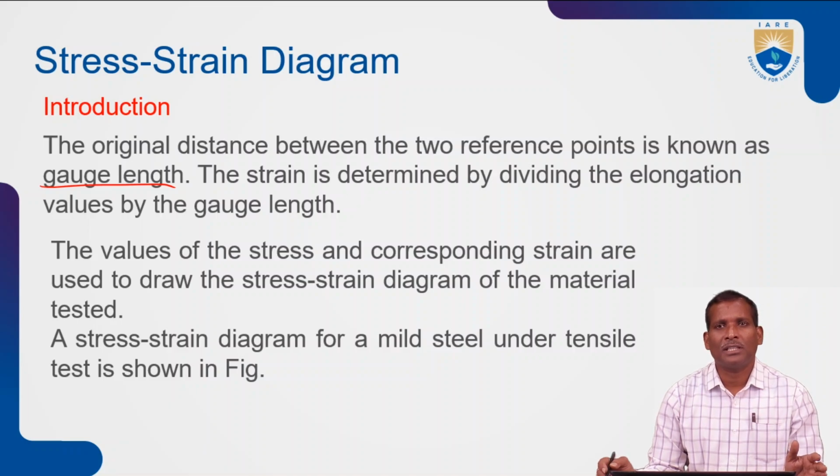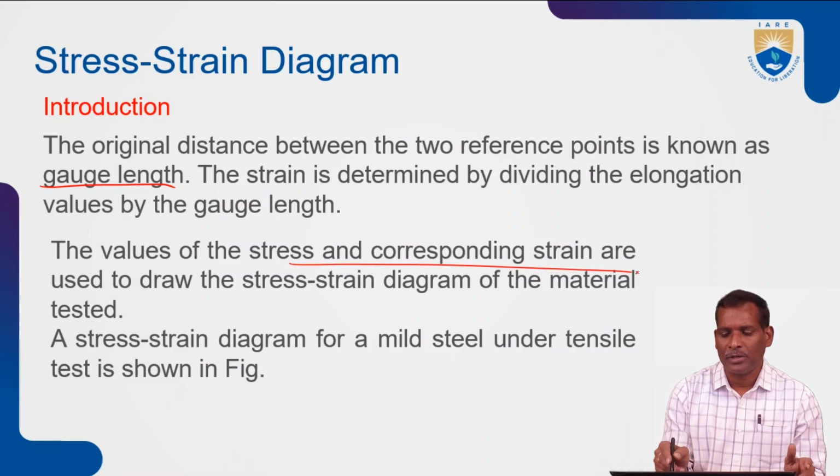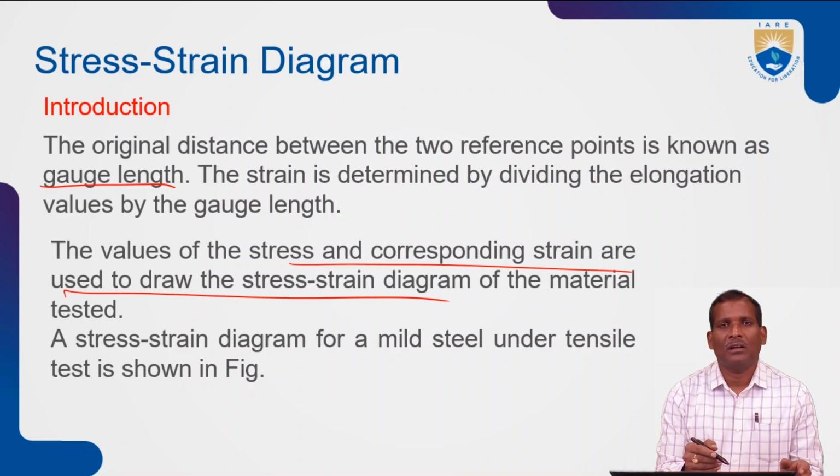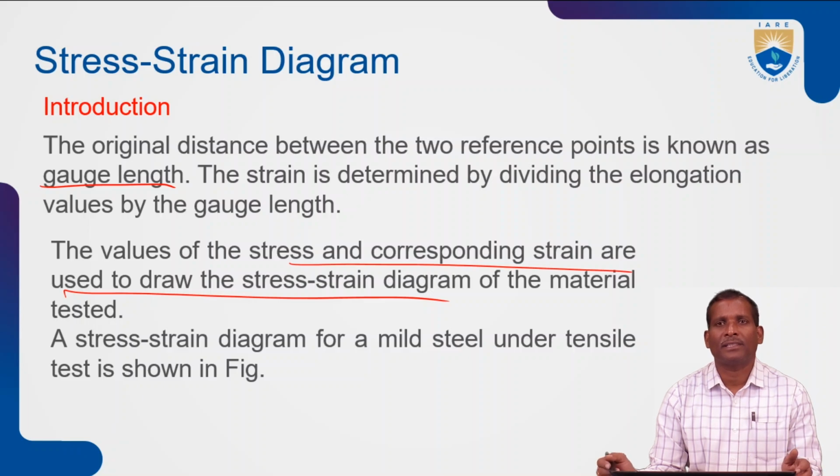The values of stress and the corresponding strain are used to draw the stress strain diagram of the material tested. We plot the values of stress on the y-axis and strain on the x-axis.